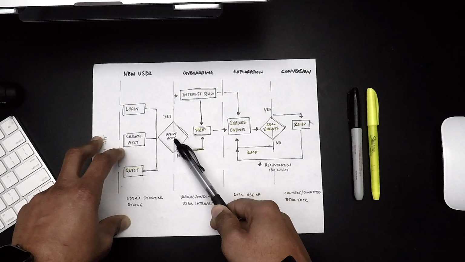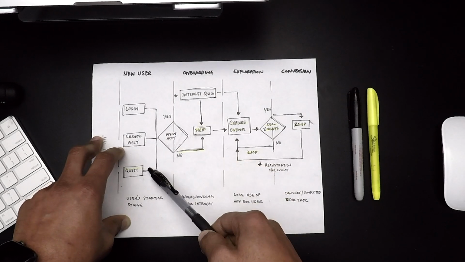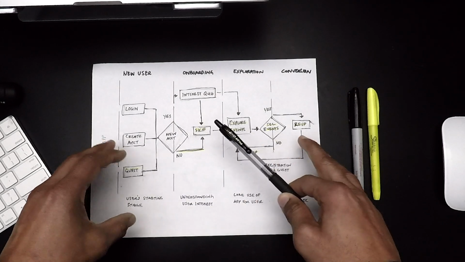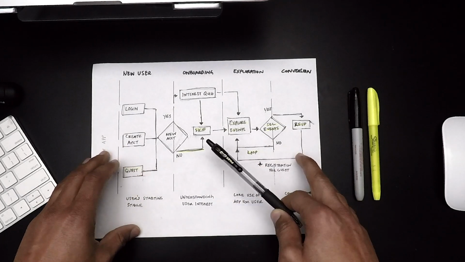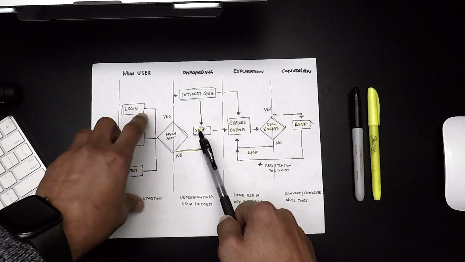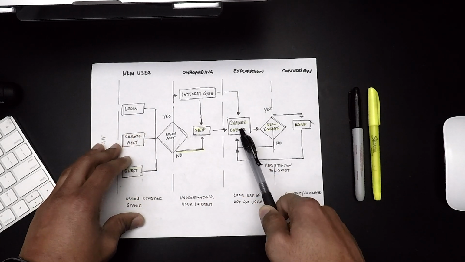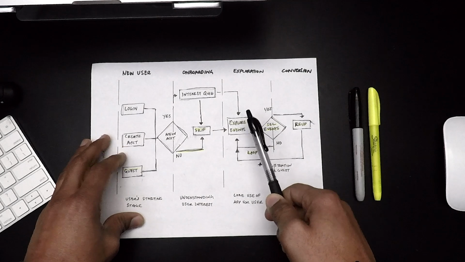If I have a new account, then I'm going through the interest quiz. But since I'm a guest, I don't want to set up an account. I'm just browsing passively. So I skip this onboarding stage, and then I go direct to explore these events, right?